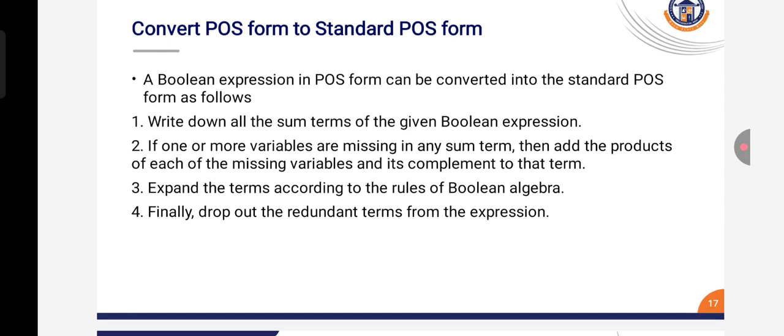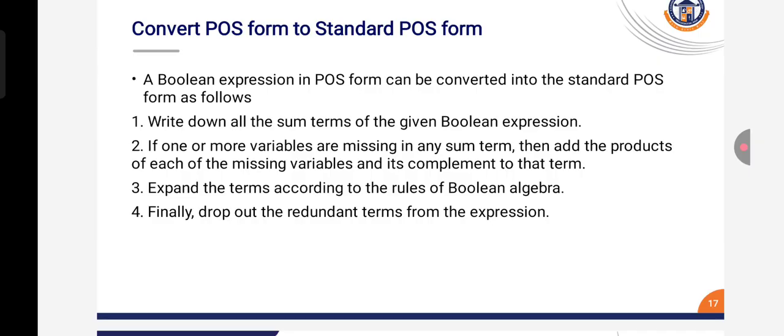So next in this slide we are going to discuss converting POS form to standard POS form. First, the steps to convert POS form to standard POS form. The first step: write down all the sum terms of the given Boolean function.